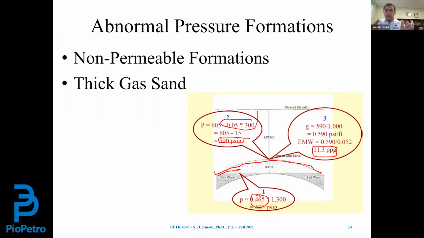If we calculate the pressure at any depth and divide by TVD, and the pressure gradient is below the normal pore pressure gradient, we call it subnormal. If it's above, we call it abnormal. How we can discern between these two, there are several techniques. Obviously, we need to know about the geology of the region. Also, seismic data can tell us there is a possibility of having a subnormal or abnormal pressure formation. I'll talk about that in more detail in the next session.